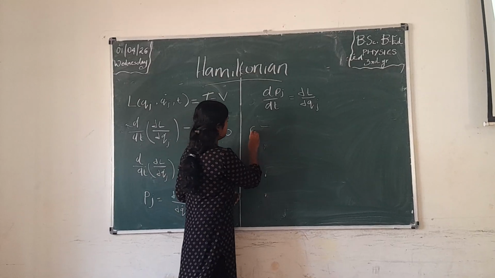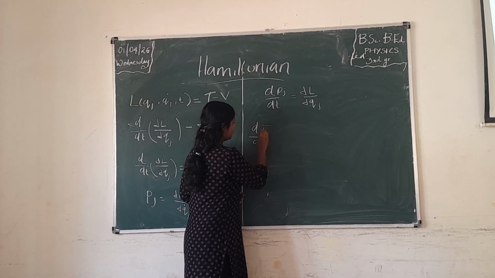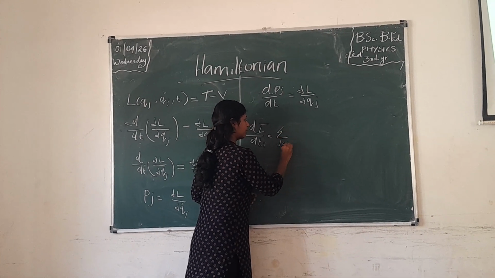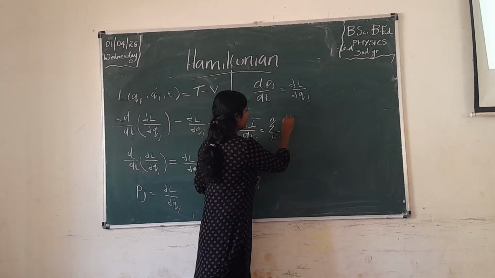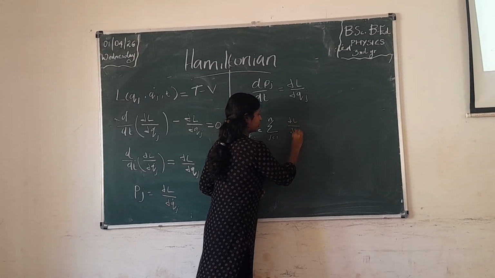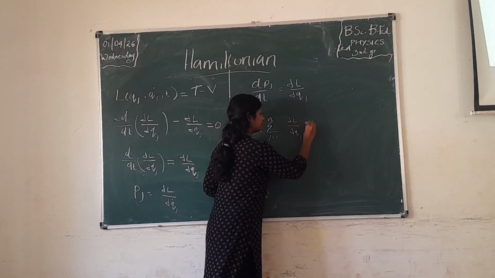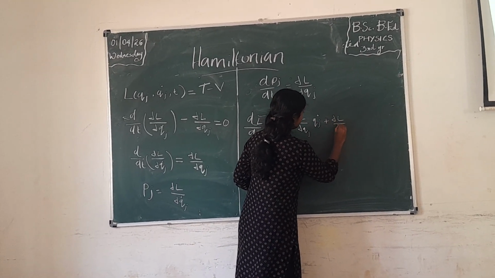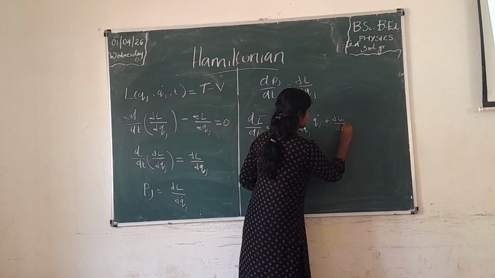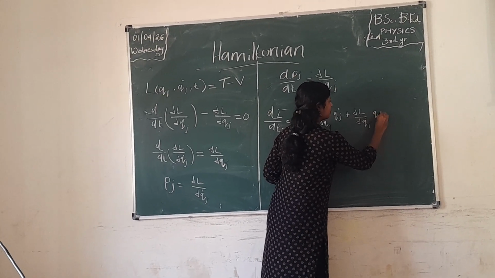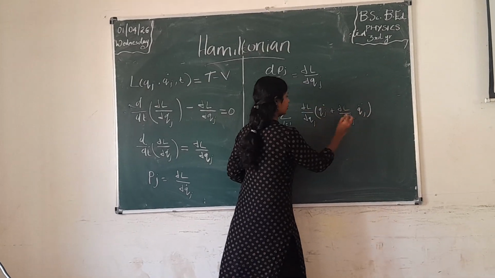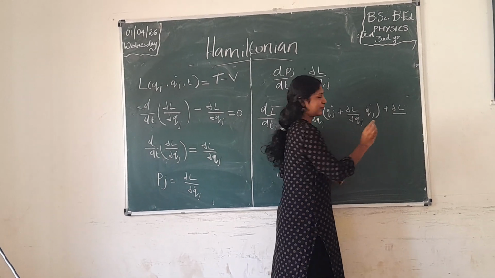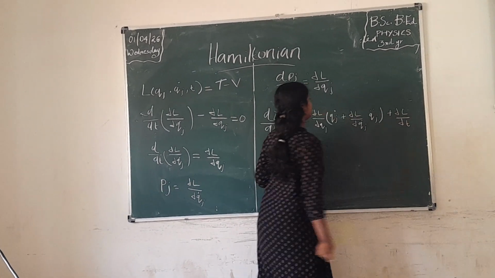So that equation becomes dL by dt equal to the sum over j from 1 to n of dou L by dou qj into qj dot, plus dou L by dou qj dot into qj double dot, plus dou L by dou t.